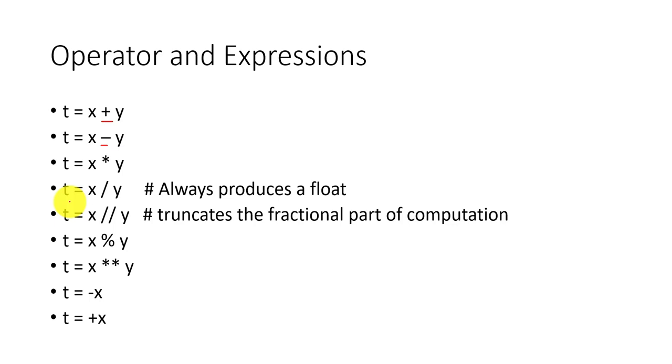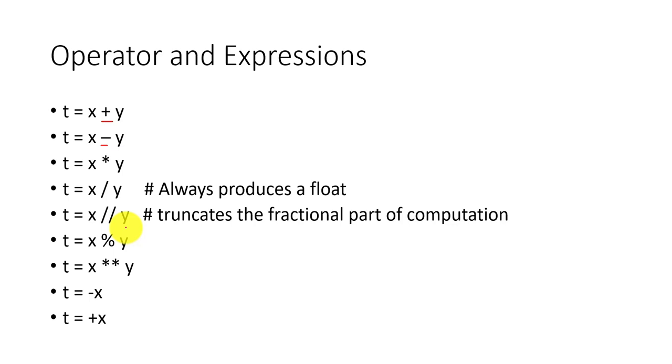If we are interested only in the integer part of the division and not the fractional part, in that case we can use the operator slash slash, double slash. In this case, if x is 4 and y is 2, then t will get the value 2 and t will be an integer variable.